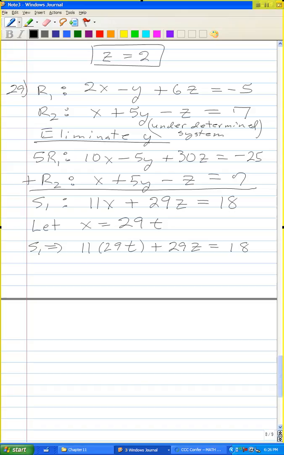It's not going to simplify it that much.